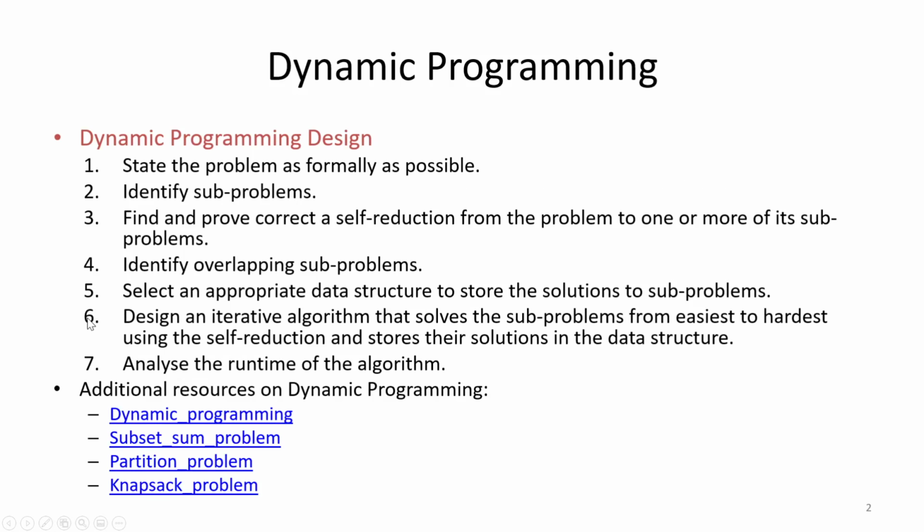So to start out, let's just revisit again the dynamic programming design strategy. And once again, let's remind ourselves that the first three steps here, finding the self-reduction, the reduction from the main problem to the subproblems, has been the key step for both divide and conquer and dynamic programming.